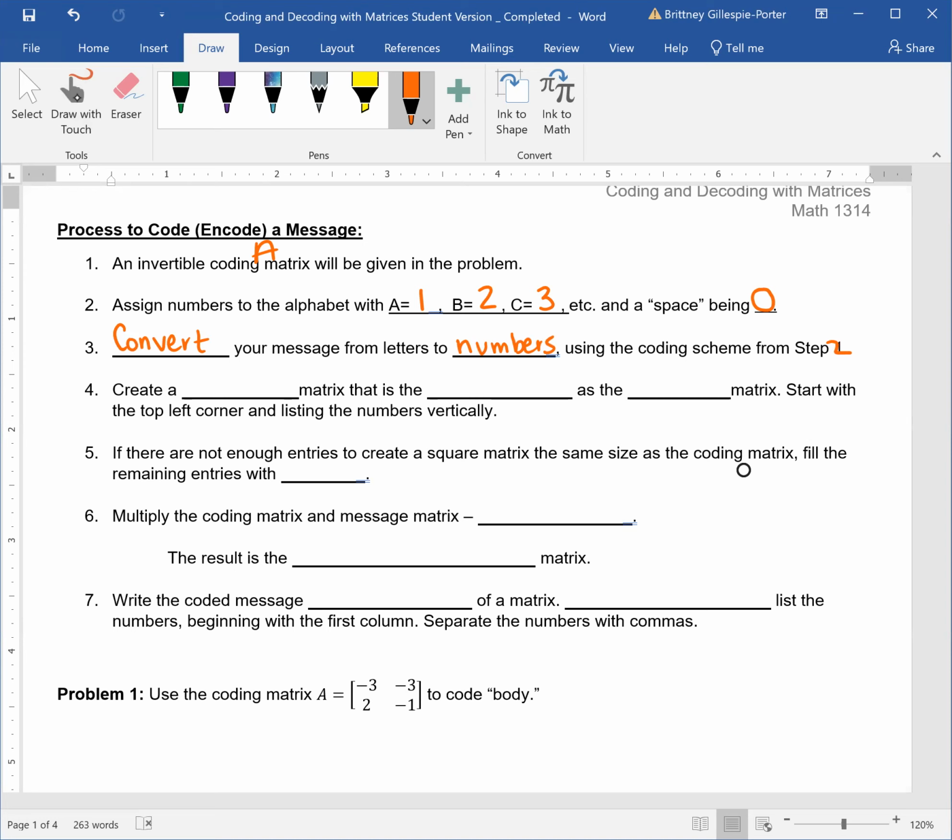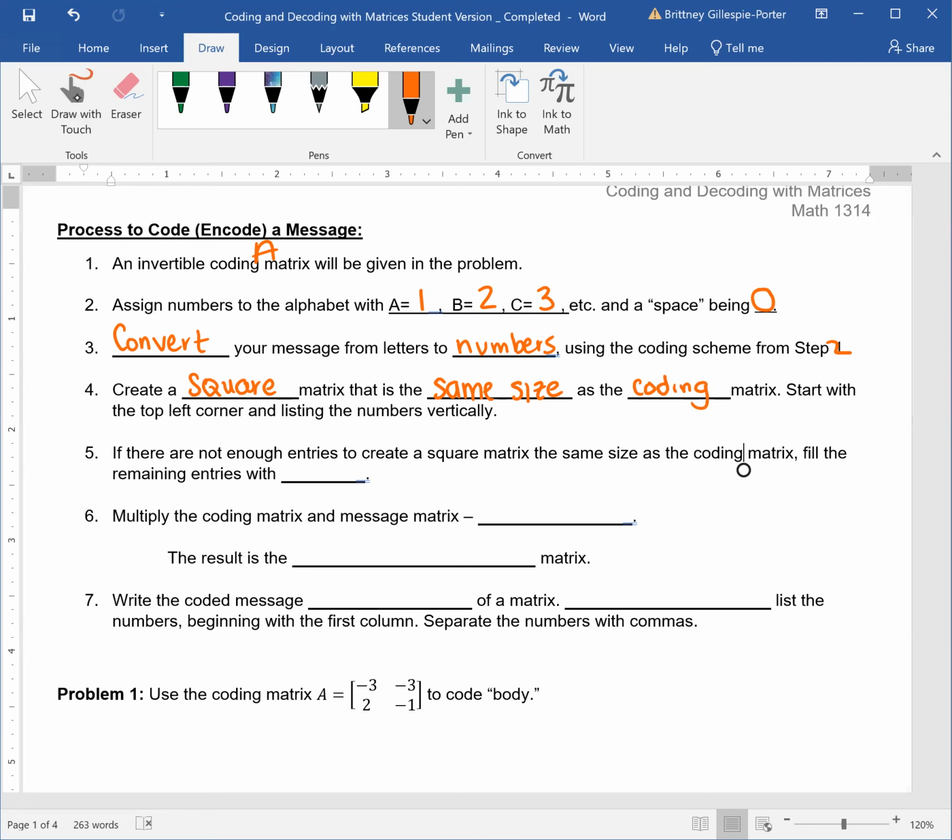You are going to create a square matrix that is the same size as the coding matrix A. Okay.